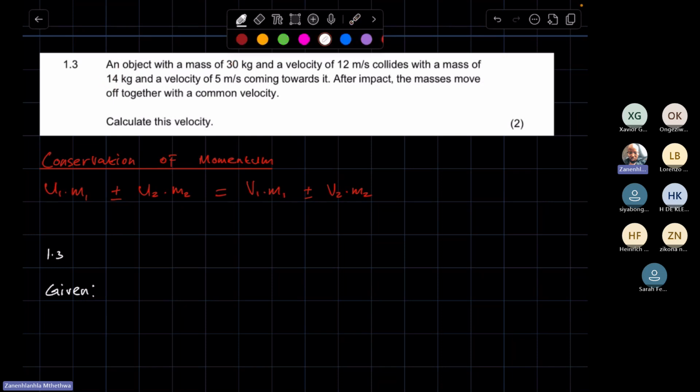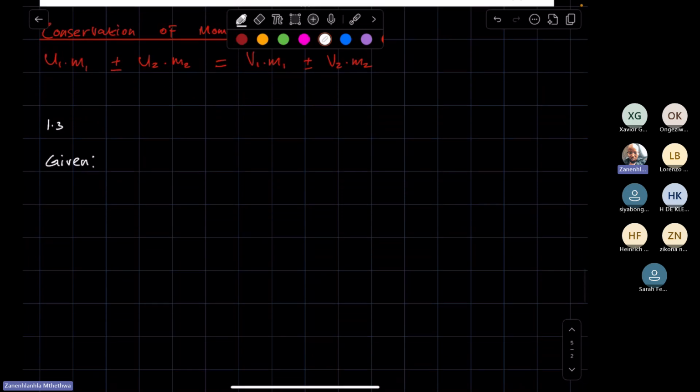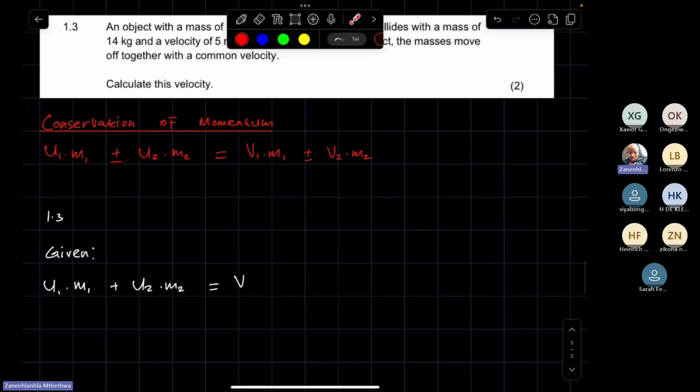All right. First things first, the equation as per conservation of momentum: U1 times M1 plus U2 times M2 is equal to the final. Now, take note here.